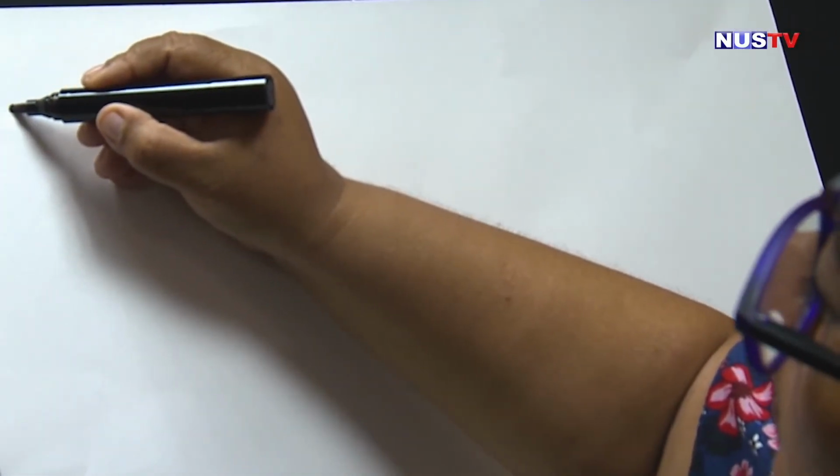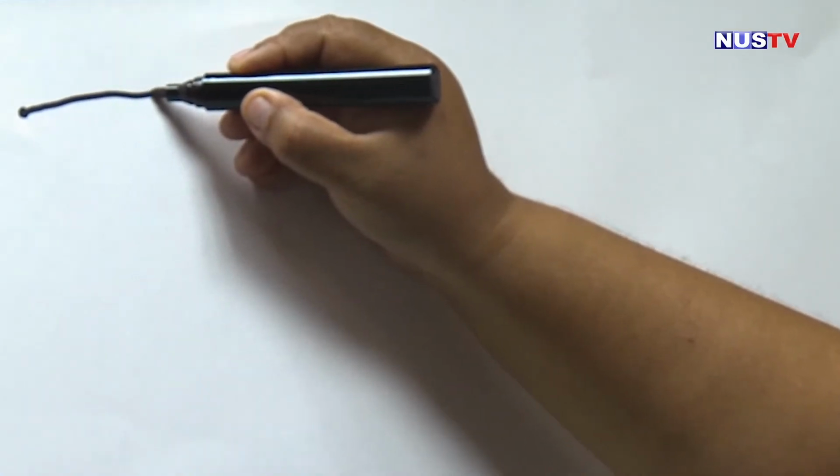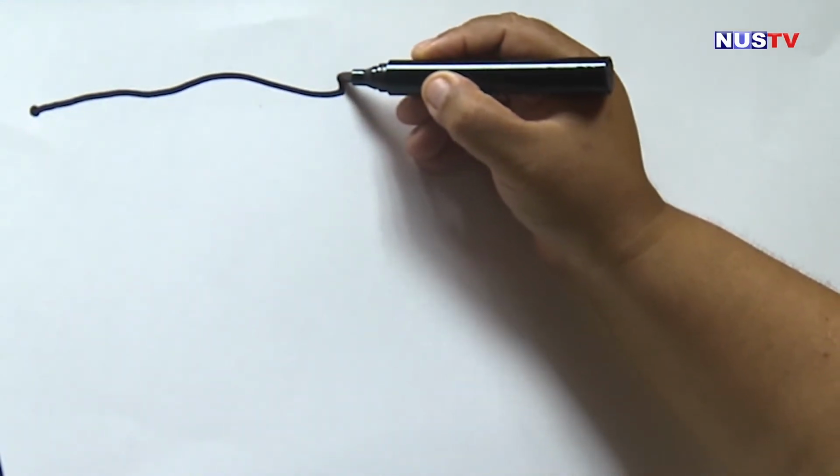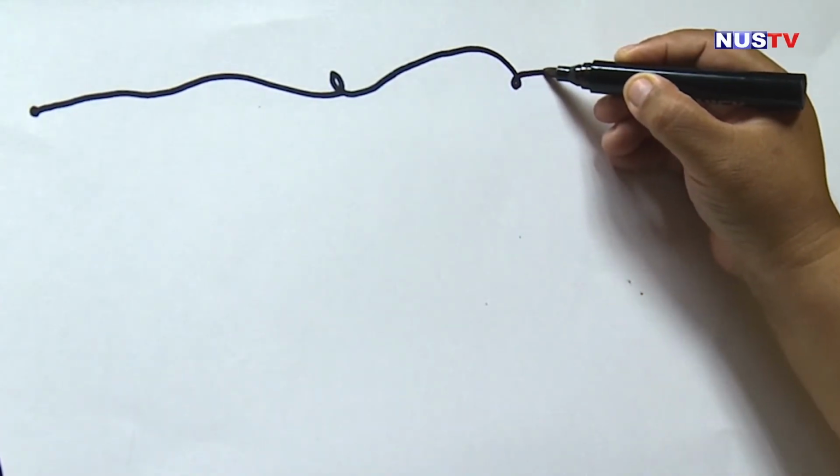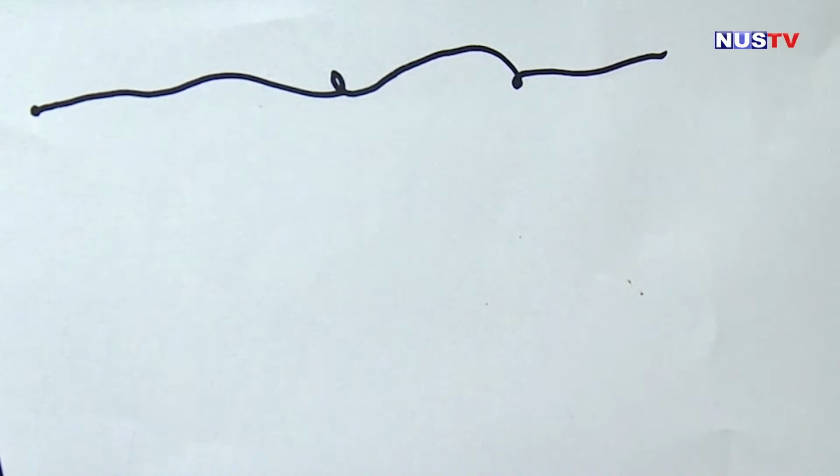A line is a pathway or a mark left by a moving point, and it is the most commonly used element in visual arts.